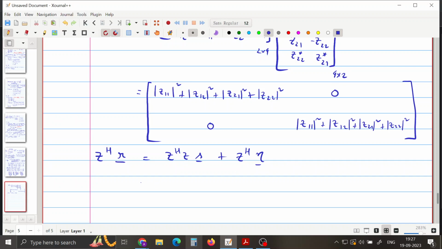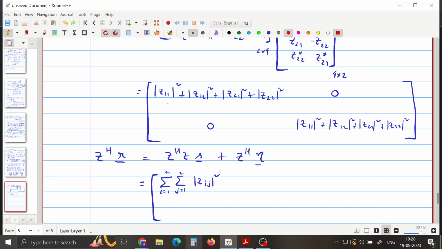And that you can actually write like this. Instead of writing mod z1 1 squared plus mod z1 2 squared plus mod z2 1 squared and so on, all these 4 terms, you can write this in a more compact way, which is like this. That's the same thing, right?